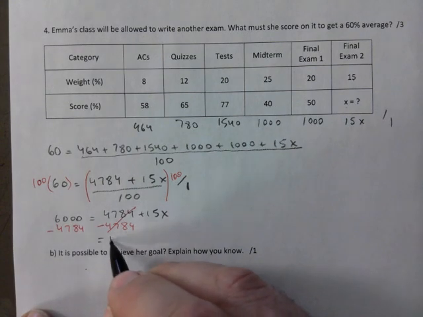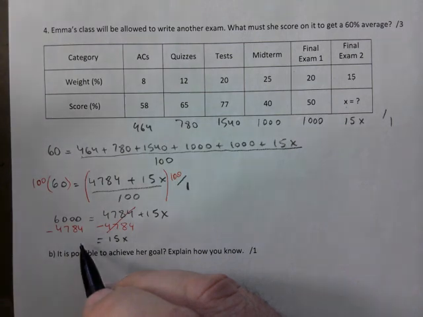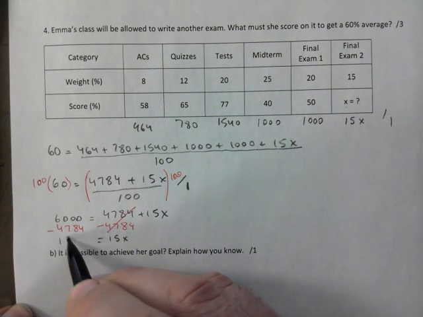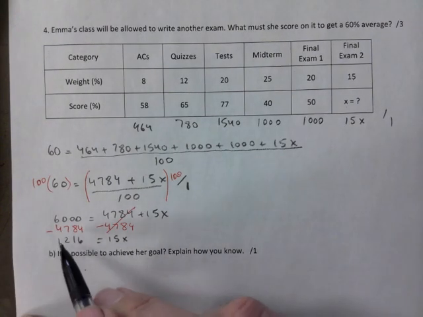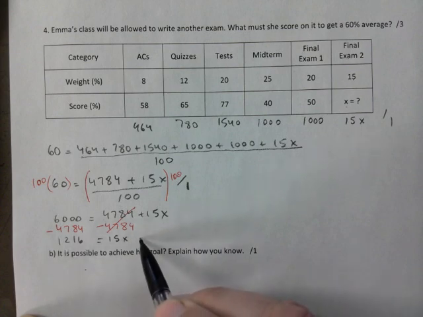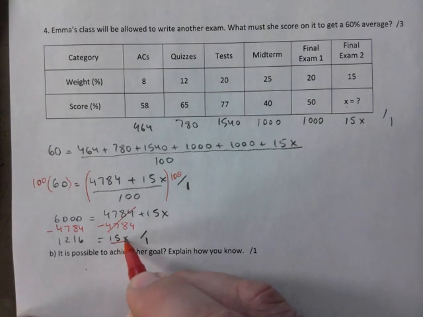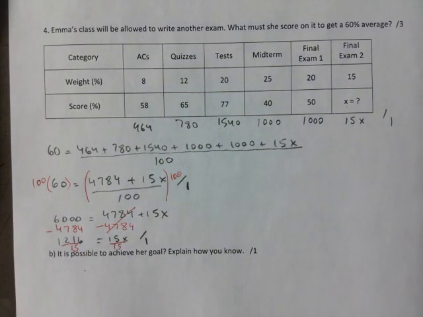And this will be 15x, and this gives you 1216 first, right? We're not there yet. And then we divide. So if you get to this point, you get another mark, and then the final answer will be 81.07. I happen to see that number quite often.